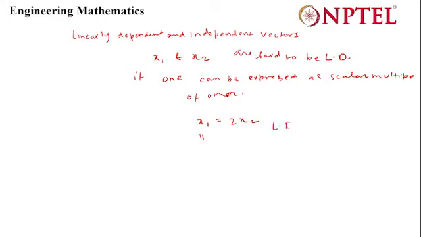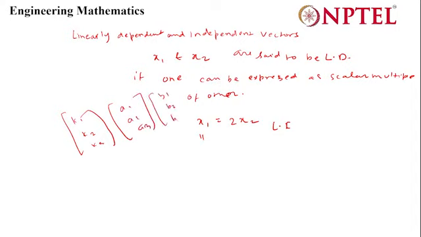So how do we check whether vectors are linearly dependent or independent? Suppose they gave you three vectors: k1, k2, k3, a1, a2, a3, b1, b2, b3, and they ask you to check if these vectors are linearly independent or dependent. There are two steps.